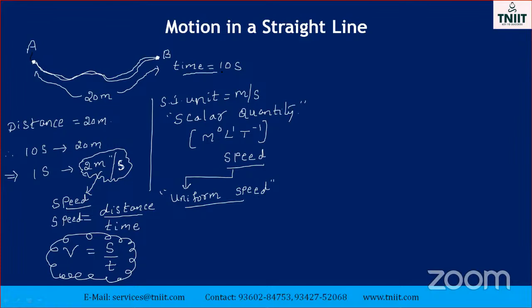In how many seconds has it covered this? 10 seconds. So for 10 seconds, 20 meter. Can you tell me for 1 second, what is the distance covered? For 1 second, the distance covered is 2 meter per second. This is called the speed. So speed is the distance traveled by the particle in 1 second.